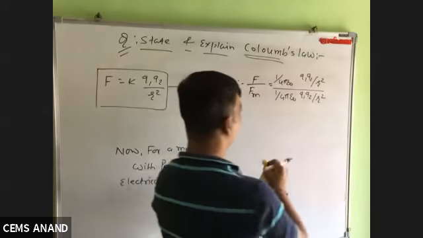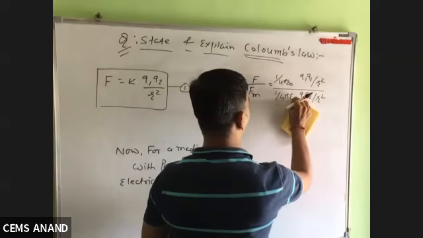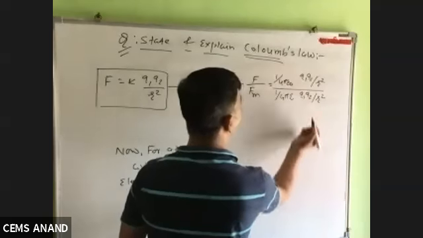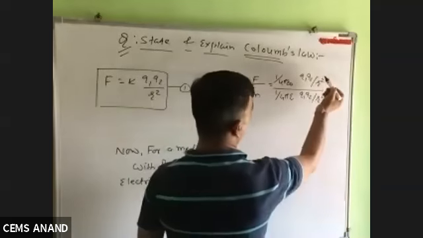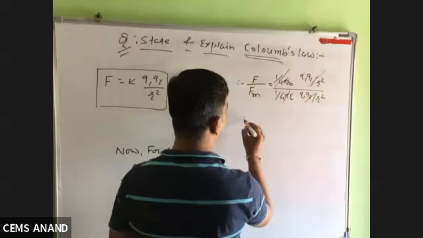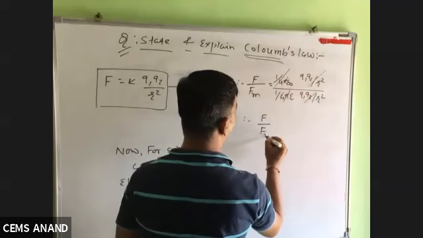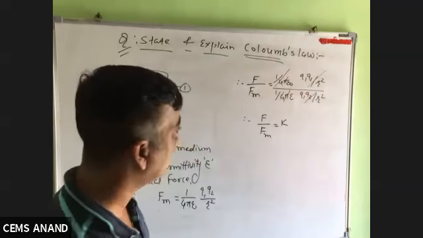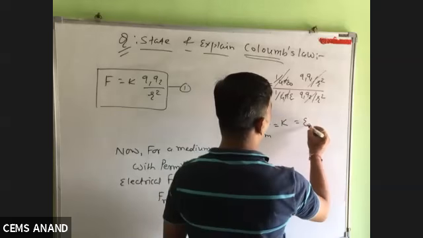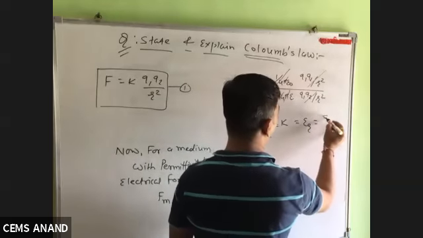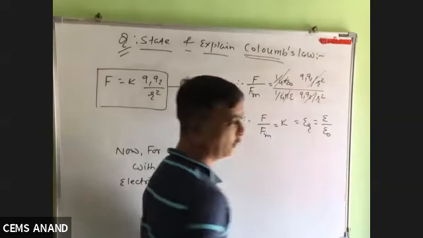It is epsilon only, not epsilon 0 over here. So from these two we can see that F by Fm equals K, equals epsilon R, actually it equals epsilon by epsilon 0.